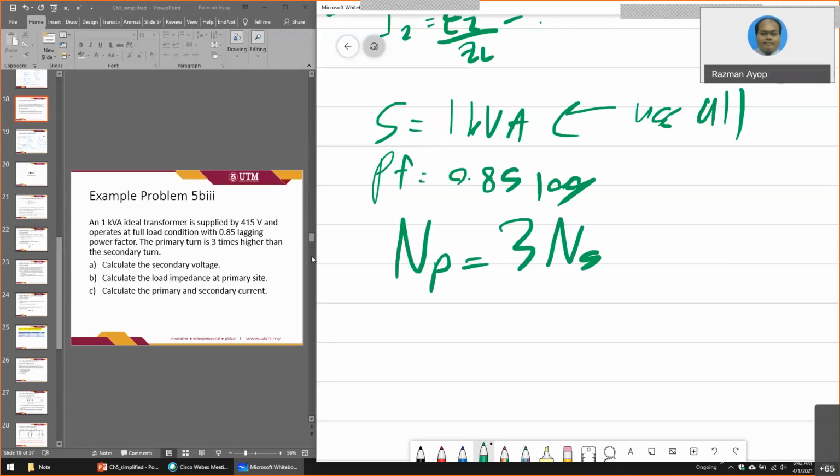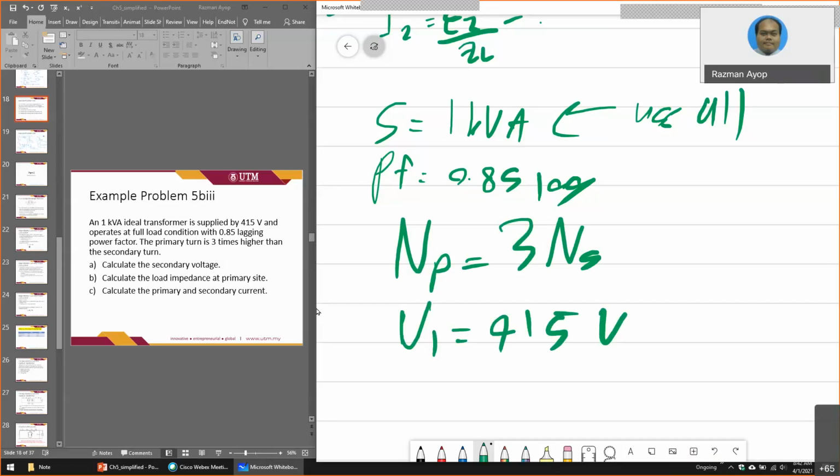So make sure you know how to extract the information. Supplied by 415, so V1 is equal to 415 volt. Okay, that's it.